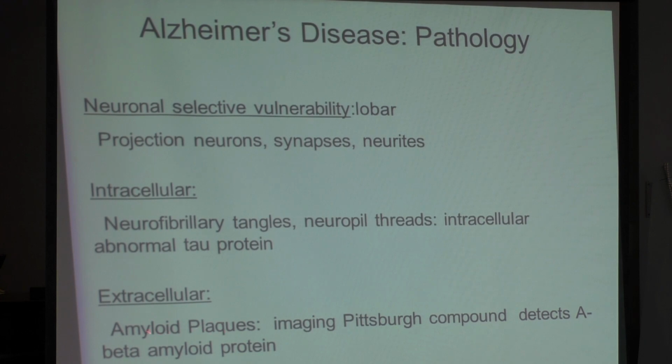Extracellularly, we have amyloid. I think people who know about Alzheimer's know about plaques and tangles. Those are the abnormal proteins that are in the brain. These are used for imaging.